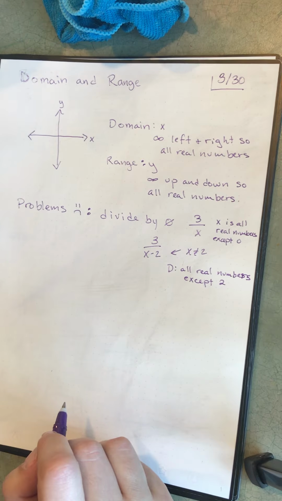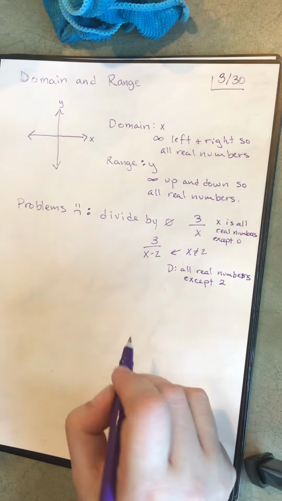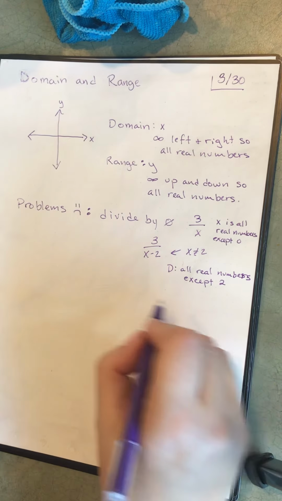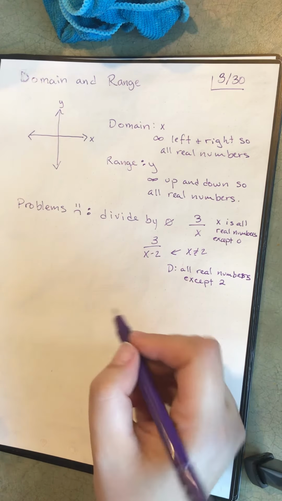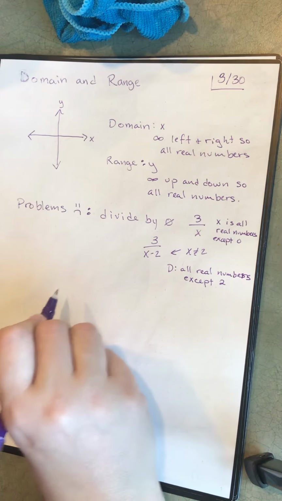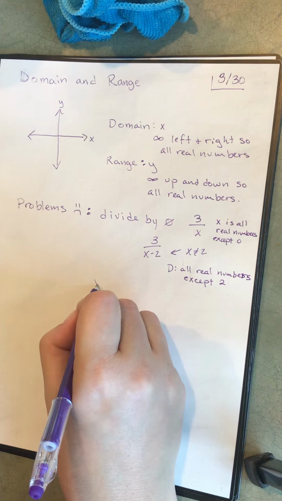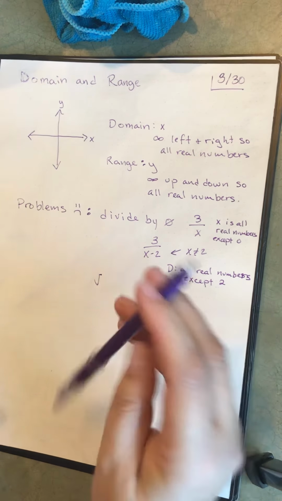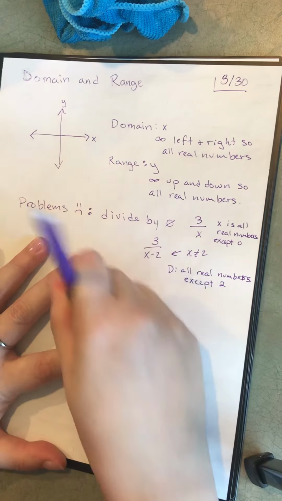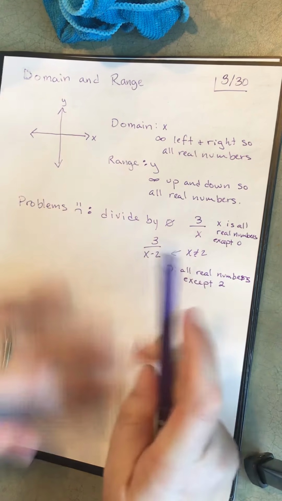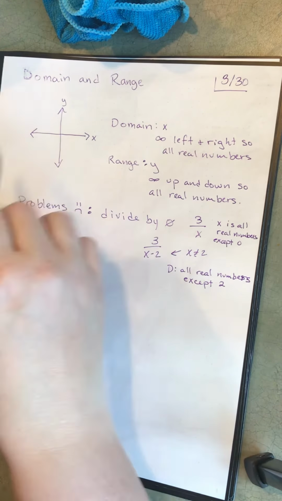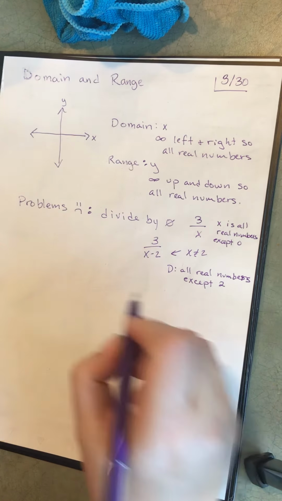Another area where we run into trouble is taking the square root of a negative. Now, we know we can; we get imaginary numbers, but we're just dealing with real numbers on the plane.